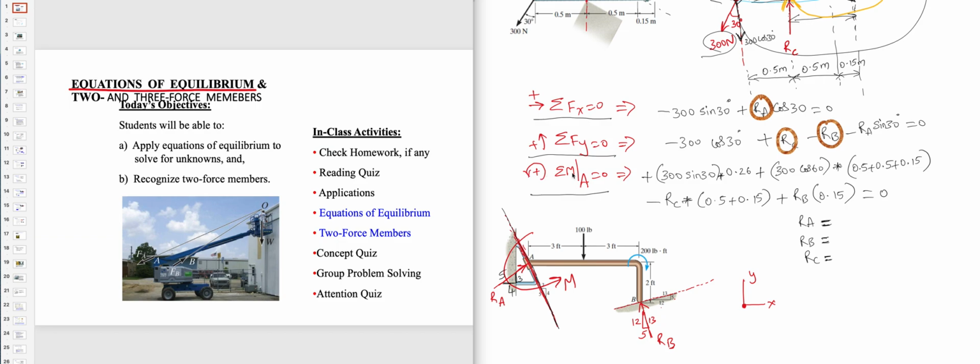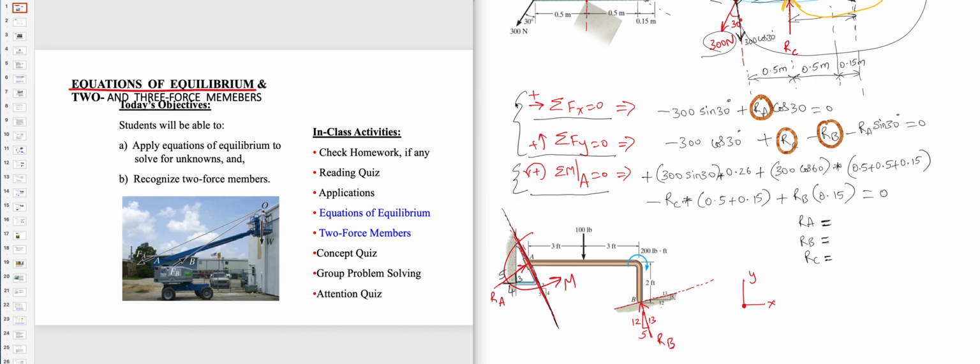Similarly, sum of moments with respect to a point equal to 0 means that the rotations are also 0. So the body is not translating from what we have here, and the body is not rotating for what we have here.